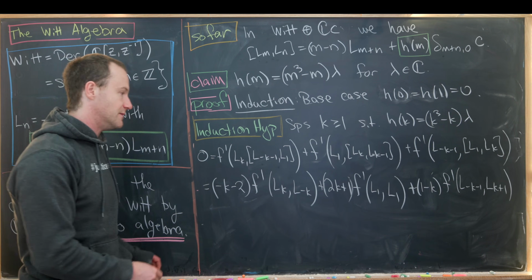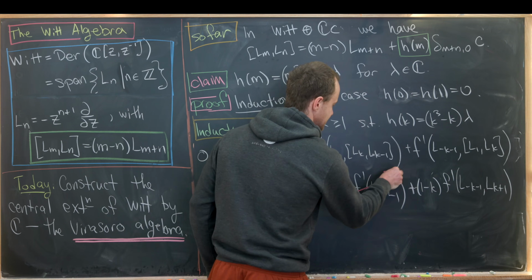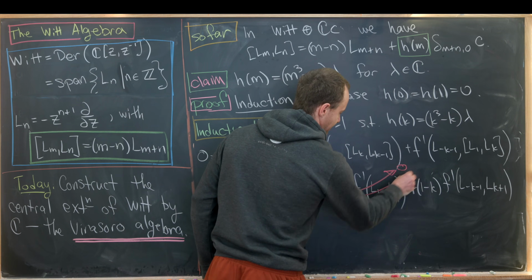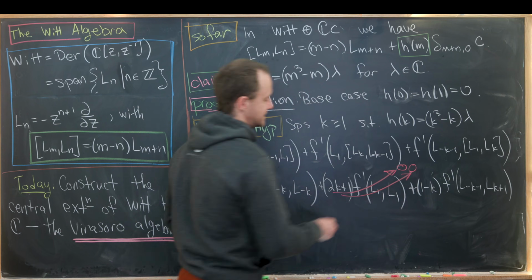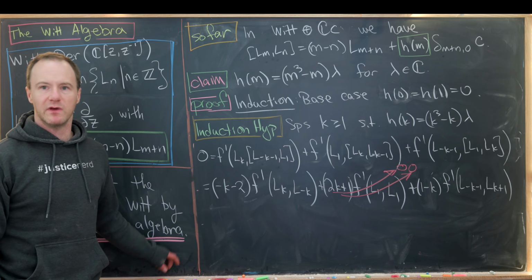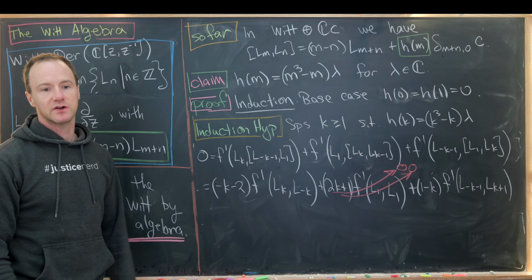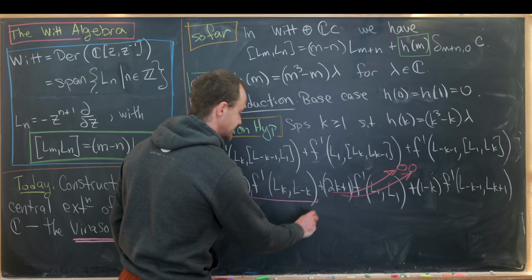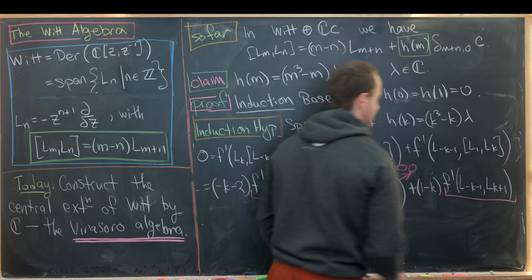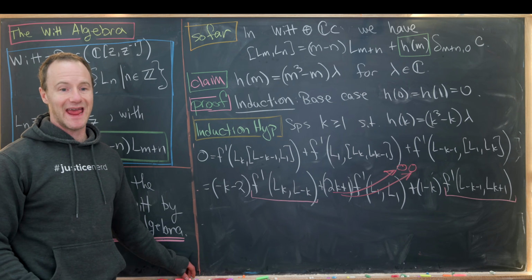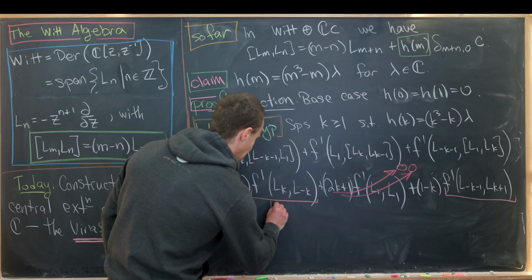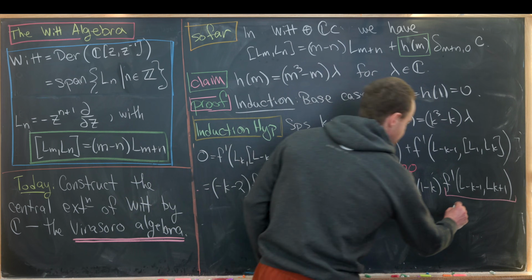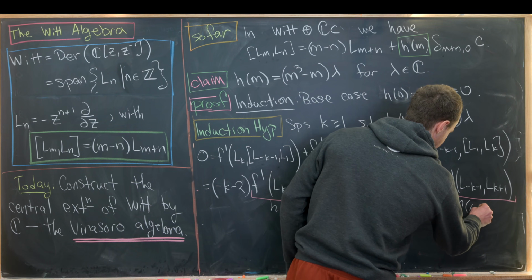Now immediately we can see that this one is equal to 0 because we have the same two inputs here for our f prime, and remember that was an alternating function, so that goes to 0. Next we can notice that these are essentially our definitions for our function h. So this is going to be h evaluated at k. This is going to be h evaluated at k plus 1.